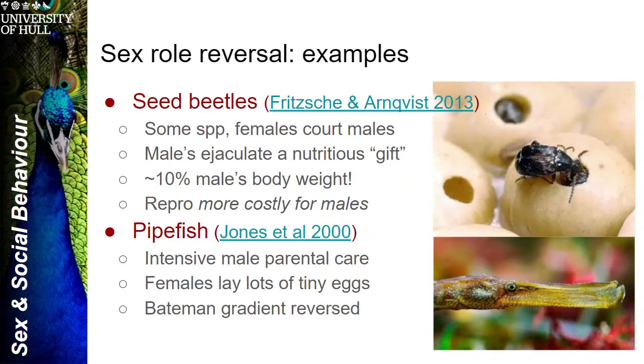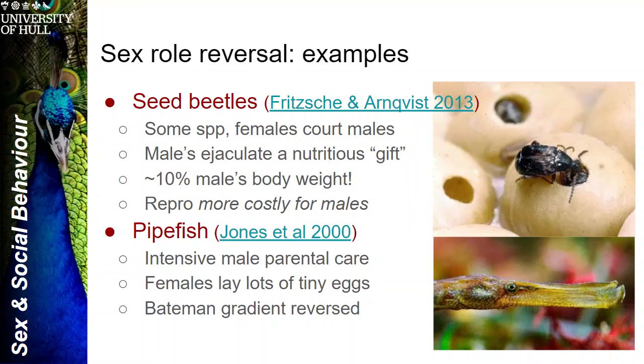Some classic examples of role reversal are in seed beetles, Callosobruchus, where females will court the males. The reason they're courting the males is because they are limited by food, and they get food from the males in the form of their ejaculate.